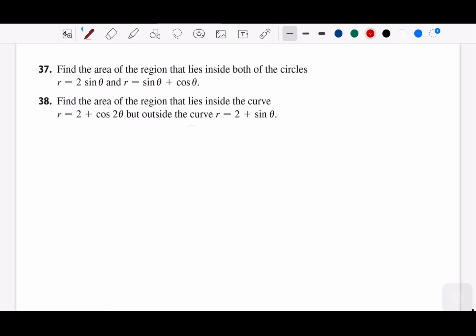So let me give you a couple of minutes, maybe 3 to 5. Actually, the second one has the cosine 2 theta, so it's almost like a cardioid, which actually has 2.